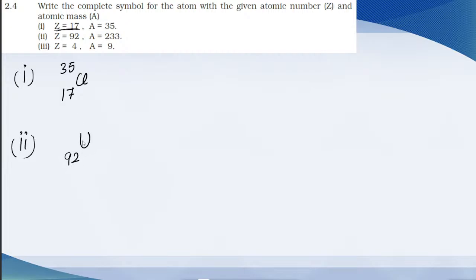It is uranium 92, 233. Third is 4. That 4 means beryllium. So 4 Be 9. Okay. So these are the first 4 questions.